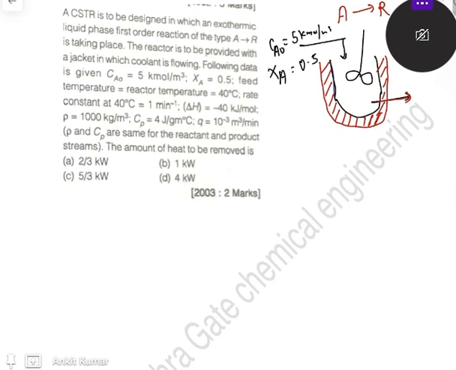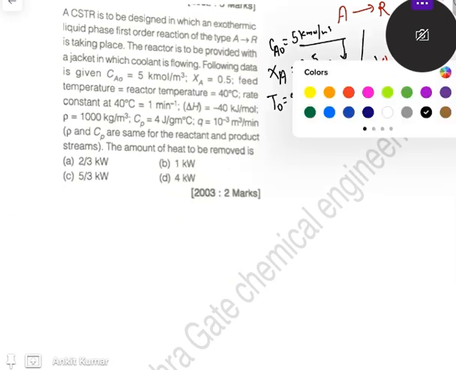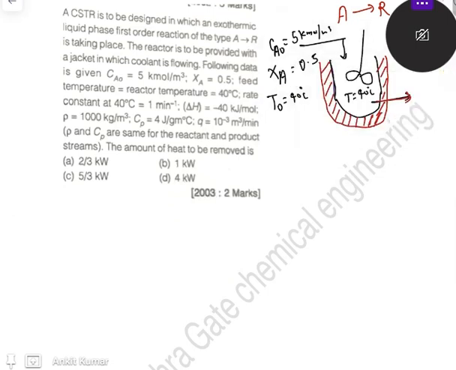The feed temperature is equal to the reactor temperature. So T naught is equal to 40 degrees centigrade, which is equal to T, that is 40 degrees centigrade. The rate constant K is given as 1 per minute, and the enthalpy of reaction, delta H of reaction, is equal to minus 40 kilojoule per mole.